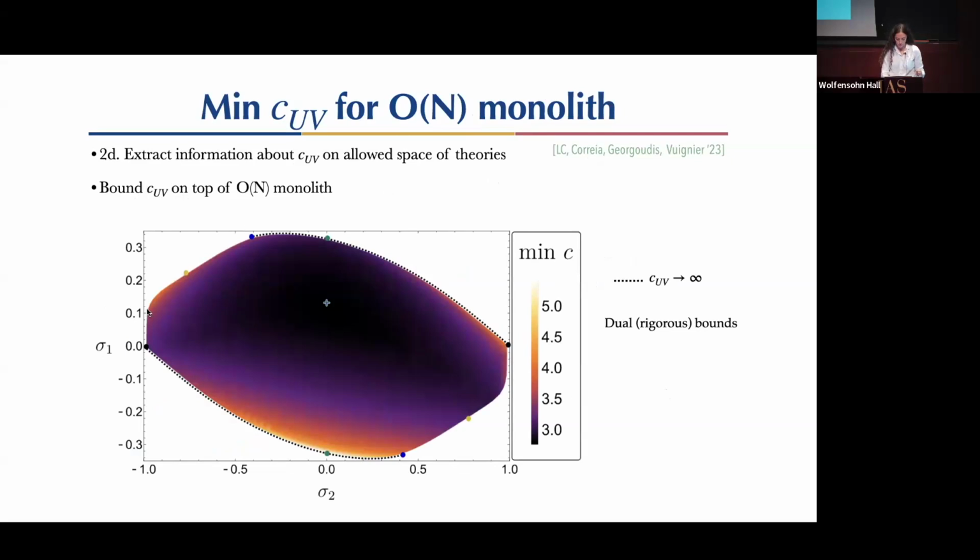So this is a temperature plot for a 2D section of the monolith, so the amplitudes at different points. And what you can see is that you can have low values of c in the middle. This would be the minimum you can have. And as you go towards the boundary, it grows. And actually, this bound diverges at big portions here of the boundary.